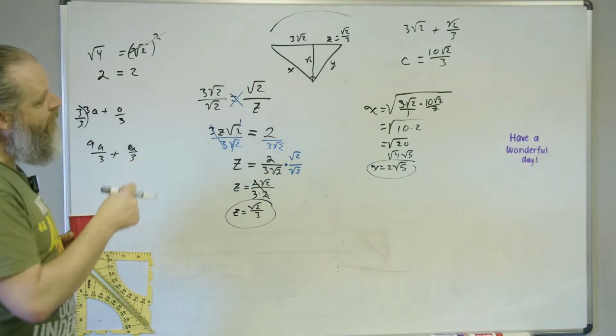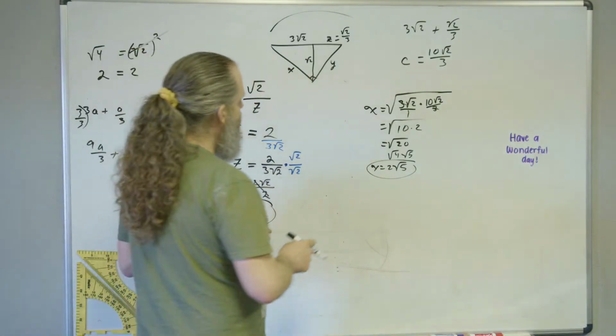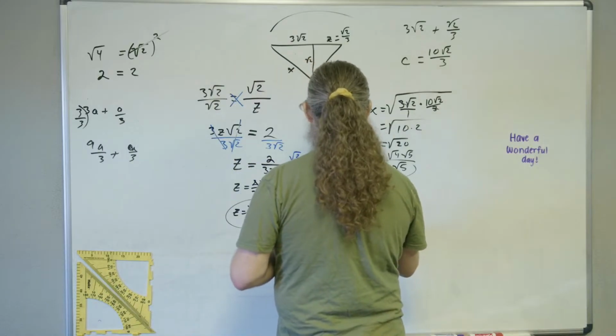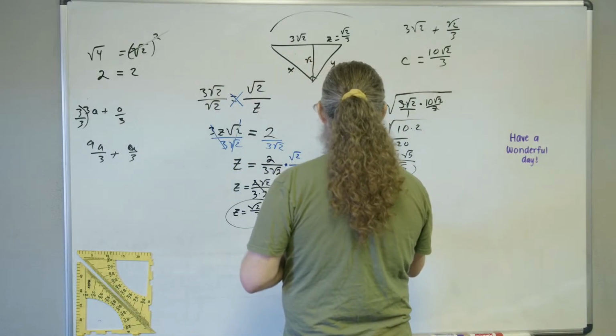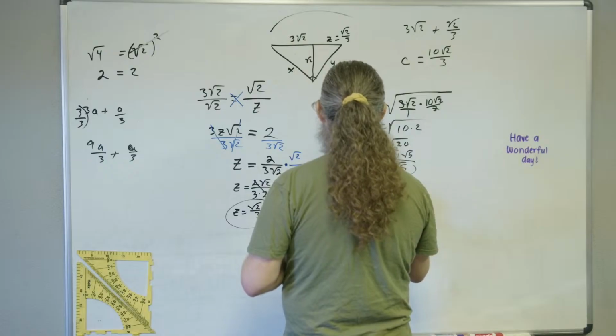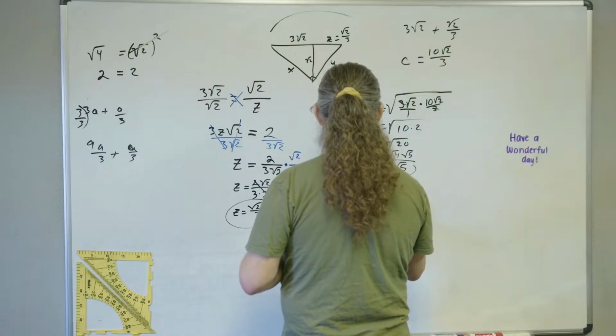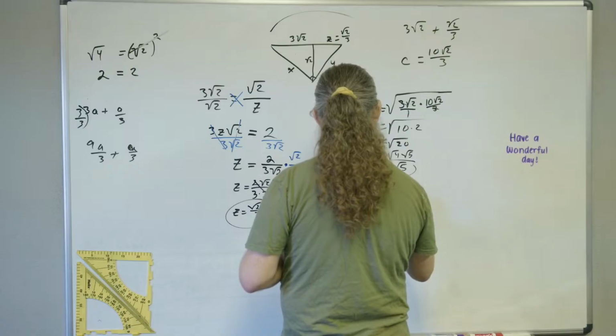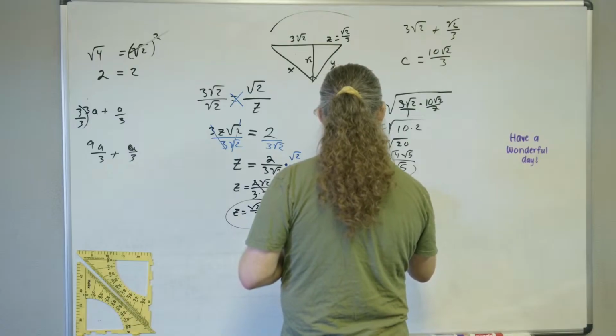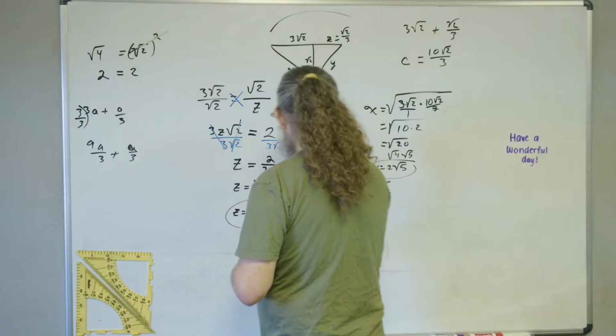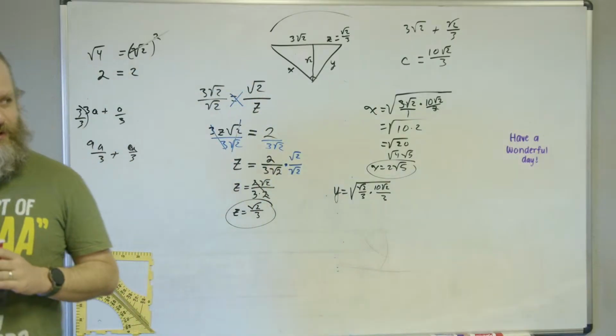Then we can do the same thing with y, right? Y is the same idea. So y would equal the square root of 2 over 3 times the big one, 10 times the square root of 2 over 3. What do we do with that mess?